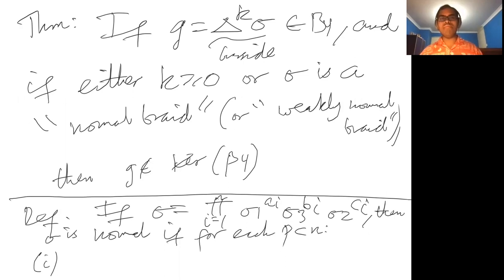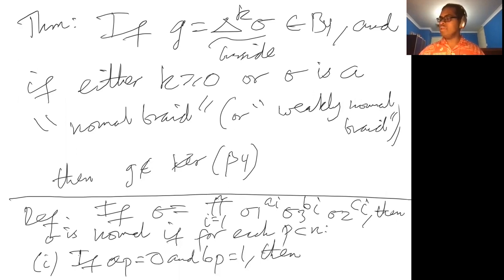I will only state one because the other is similar. It's also in my paper, but I'll state one to give you an idea. So the condition is that if AP is 0 and BP is 1, then CP should not be 2. That's the condition. Essentially, AP, BP, CP are exponents in the expansion. They can be any triple of non-negative numbers. We just want to rule out 0, 1, 2.